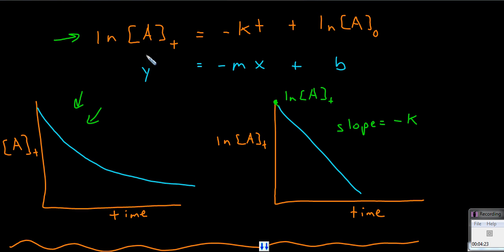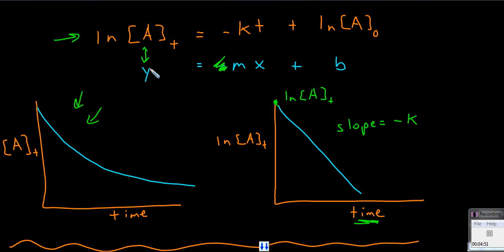We can say that the natural log of our concentration of reactant is represented by y in the linear equation, t is x, the x-axis, and b is the natural log of the concentration of reactant at the very beginning of the process.